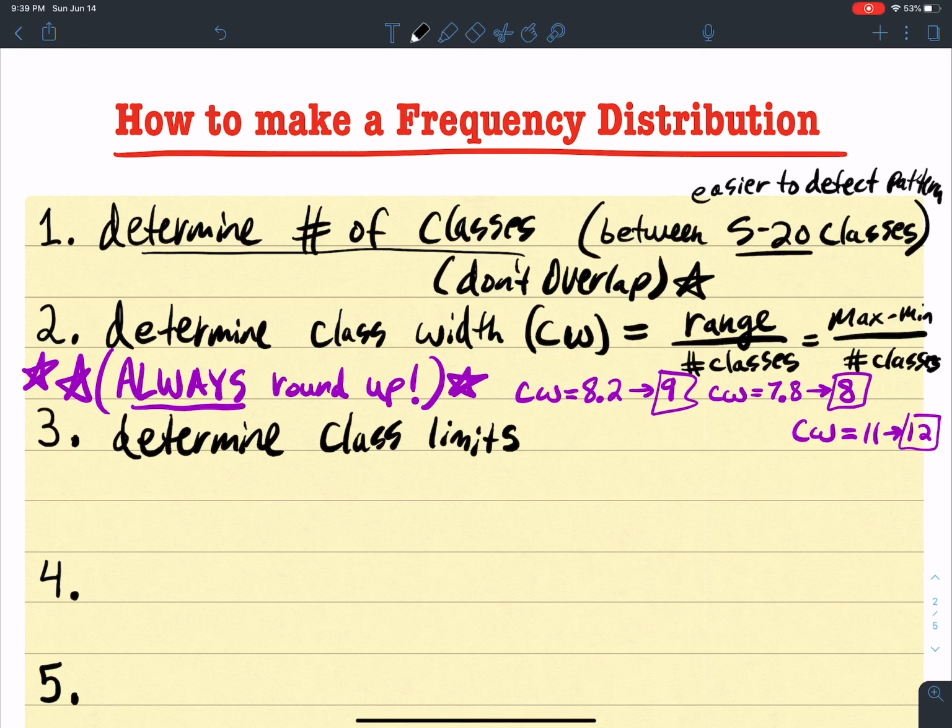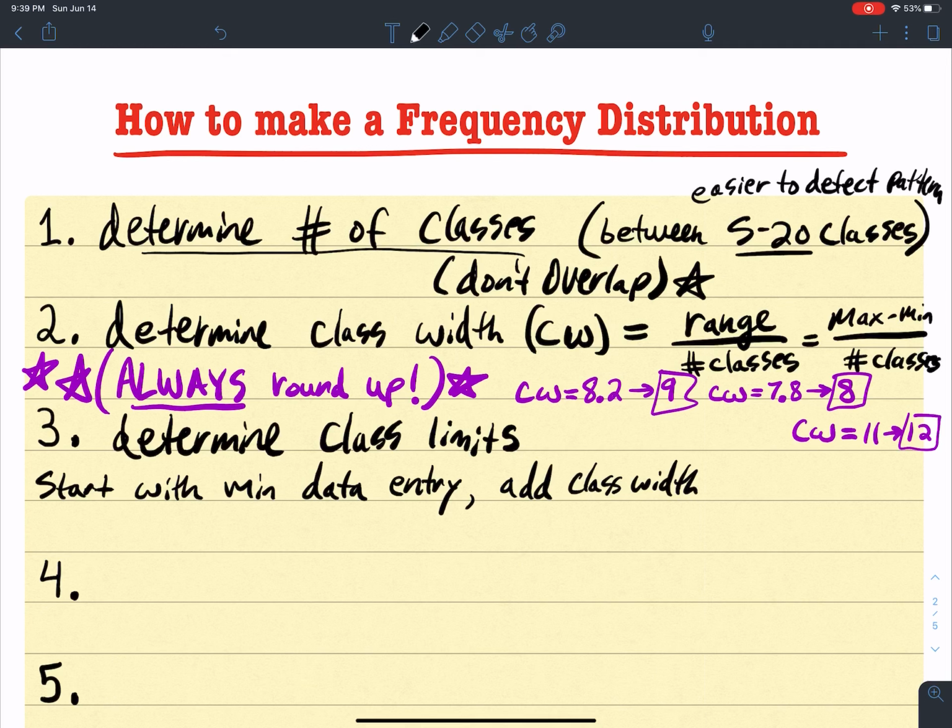So how do we do the class limits? We start with the minimum data entry, and then we add the class width to get the other lower limits.